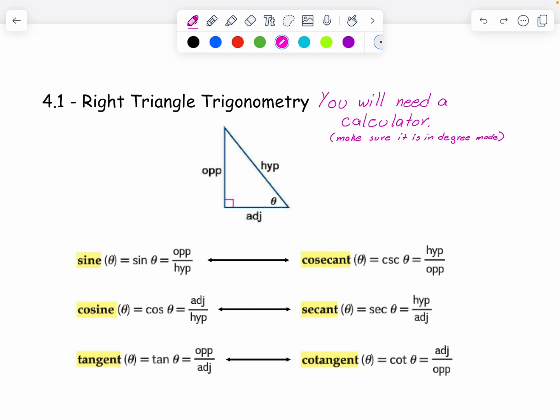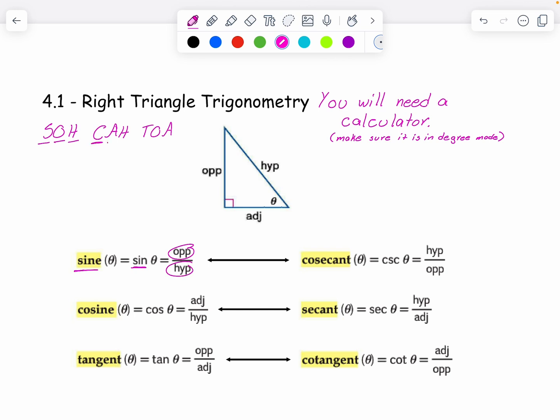Now, most of us learned SOHCAHTOA in geometry. So SOHCAHTOA. So that stands for sine is opposite over hypotenuse. And so here we go, sine, which is abbreviated S-I-N. No, it is not sin, it is sine. And sine is opposite over hypotenuse.